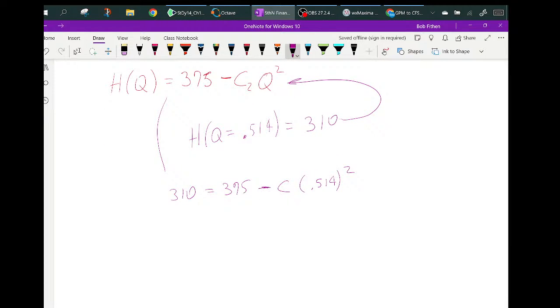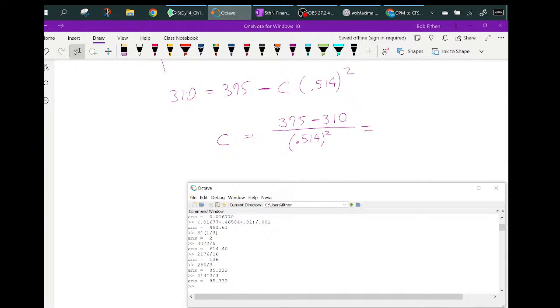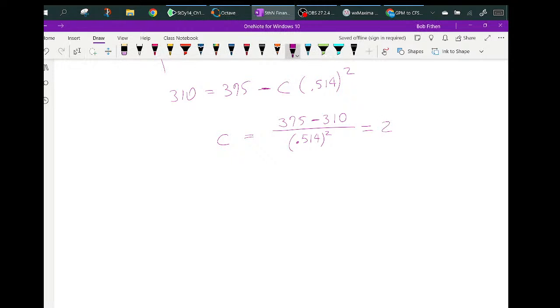Take my C over to the other side: C equals 375 minus 310 over 0.514 squared, which would be approximately 246. I'll say it's about 246.